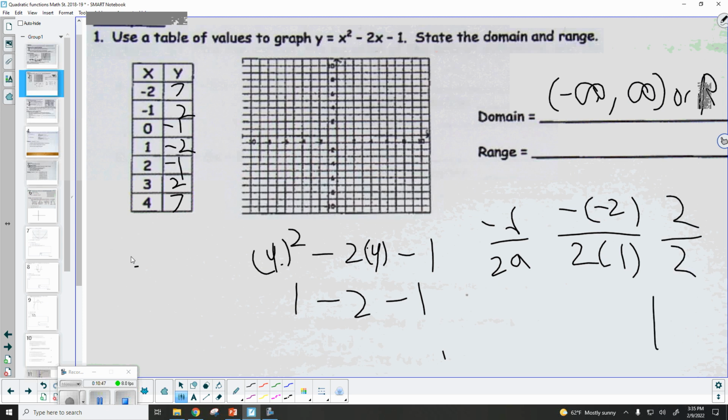So our axis of symmetry would be 1. And then since our axis of symmetry is 1, that means this is our vertex. So 1, negative 2. It's kind of hard to see, but I believe it's that one. So 1, negative 2.